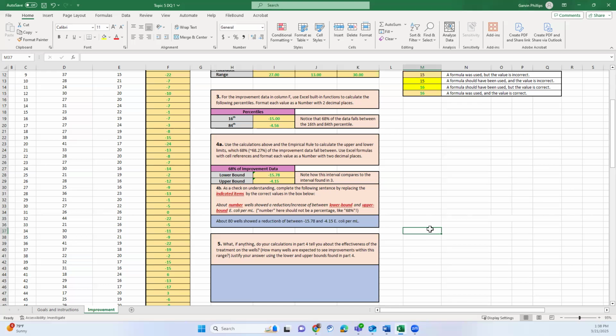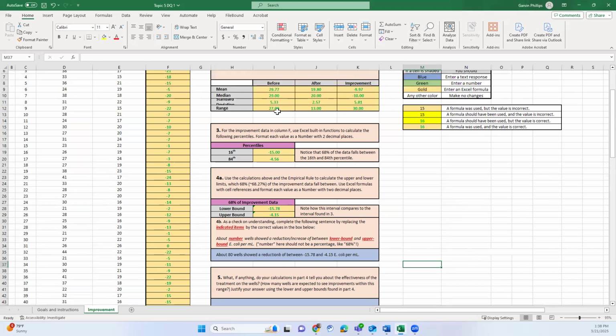We're talking about things that had on average almost 30 E. coli on average. And 68% of them I've pulled down between 4 and 15, almost 16 E. coli. So that's good. It doesn't mean I didn't pull down more. Some got pulled down more, some got pulled down less.